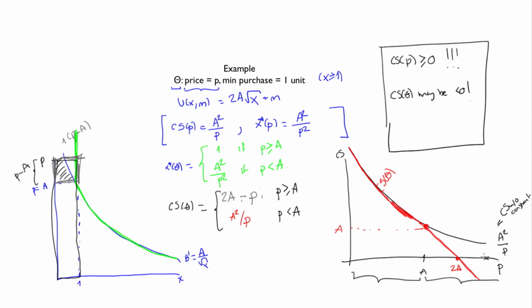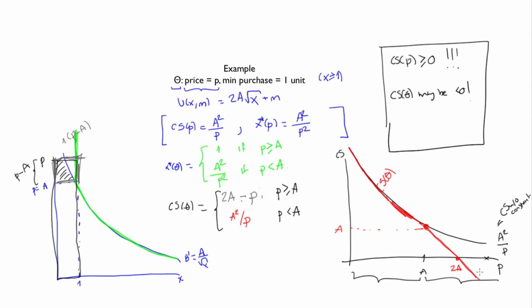What does that mean? It means that if you could, you would rather not do anything in this situation and just consume your endowment, 0 units of X and W units of M. But you have to take an optimal action given the constraint. That optimal action, for example, when the price is very high, let's say here, leads you to buy 1 unit, and that is associated with a negative consumer surplus.